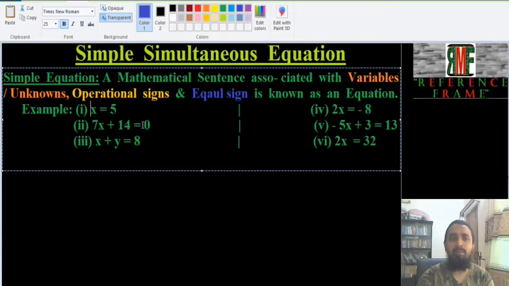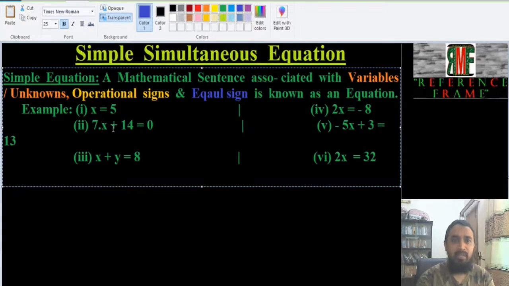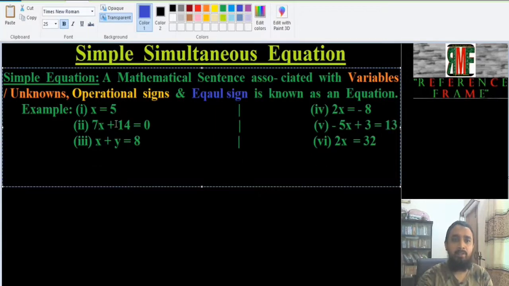Constant may be 0, as you can see in the second equation. Again here, look, how many operational signs do we have? 7 into x. That means 7 is the constant or coefficient into multiplication. Look, this is the multiplication sign. Plus another operational sign, 14 is equal to 0.